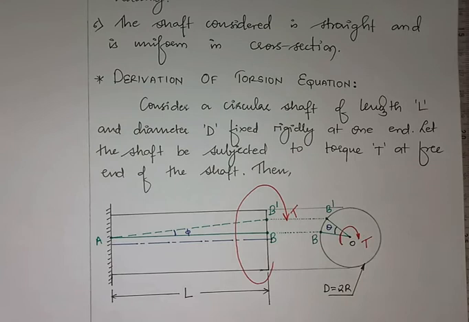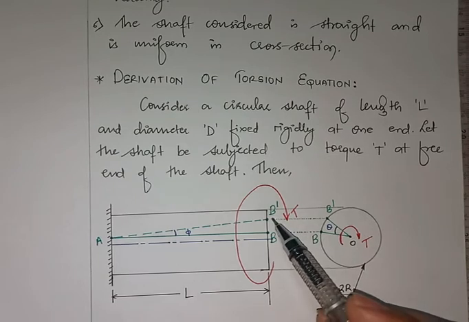So shear strain in this case can be written as transverse displacement divided by vertical height. So what is the displacement? From B it has gone to B dash.